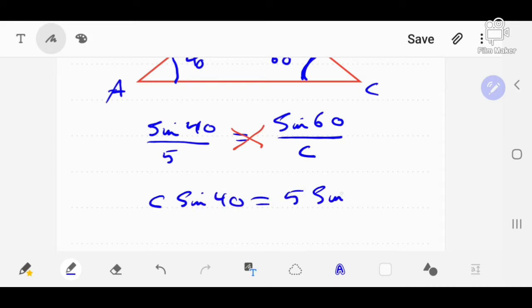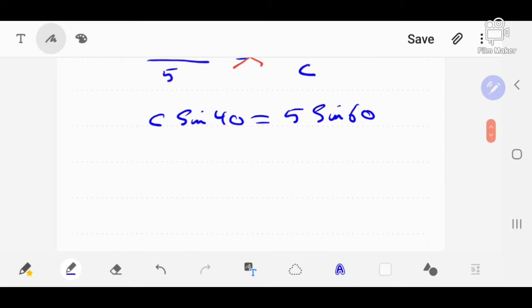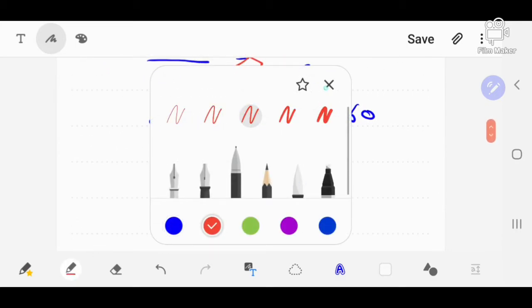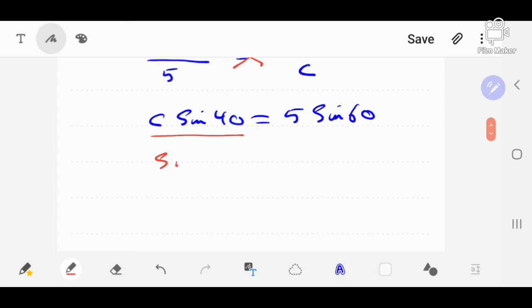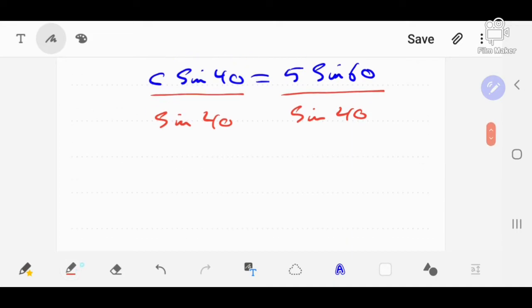To get c alone, just divide both sides by sine 40. And now to find c, you just need a calculator. So c is equal to 5 times sine 60 over sine 40, and that's approximately 6.7 by using a calculator.